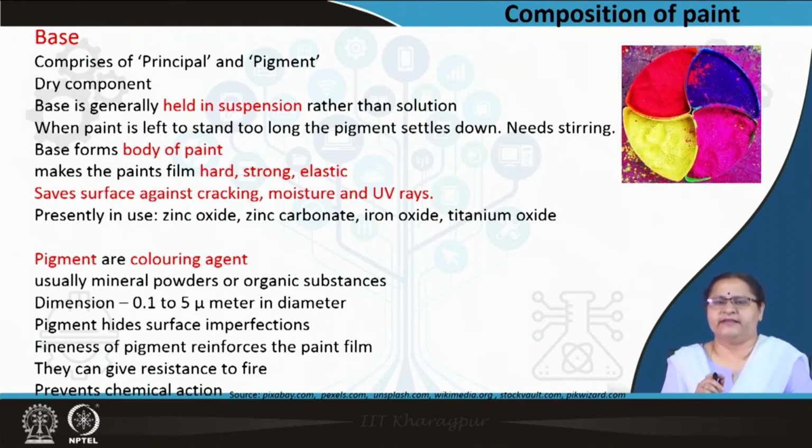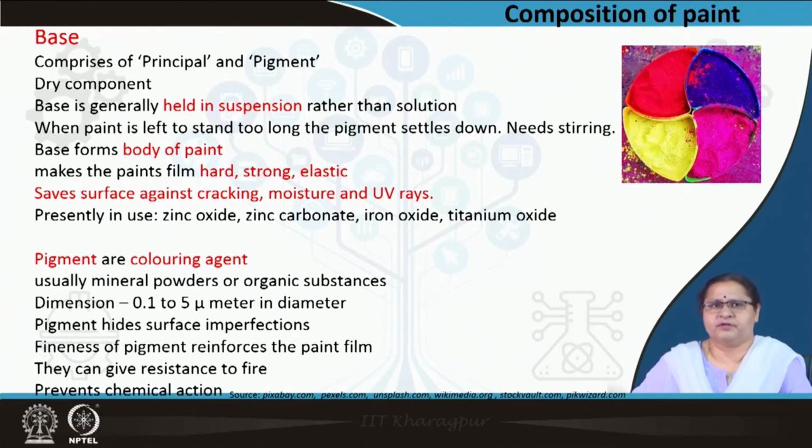But because of health hazards of lead oxide, the use of lead in the base has been stopped. So, we use zinc oxide, zinc carbonate, iron oxide, titanium oxide as bases, and yes, the cost has gone a little high. But if we could have continued with lead, we could have got cheaper paints, but at the cost of health hazards.